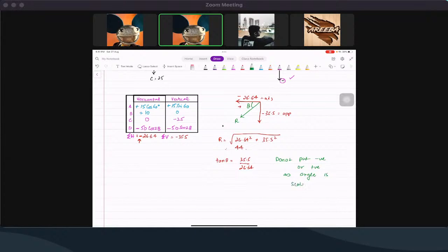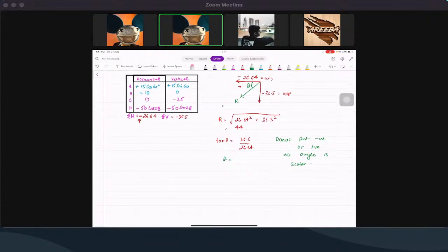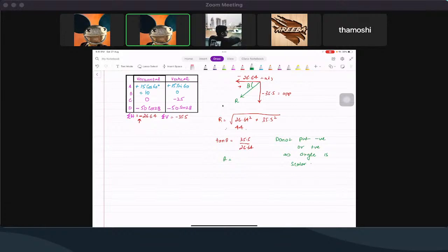And for vectors we need to put signs, because those signs tell us exactly the direction, right? So angles do not have any direction, so we don't need it. So when you find this, it is going to be something like 53 degrees. Is it clear?